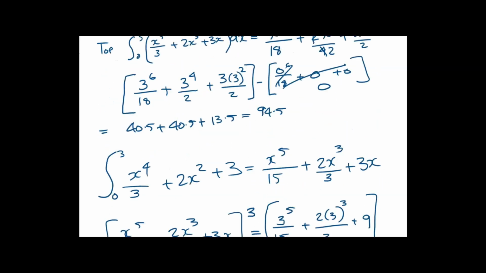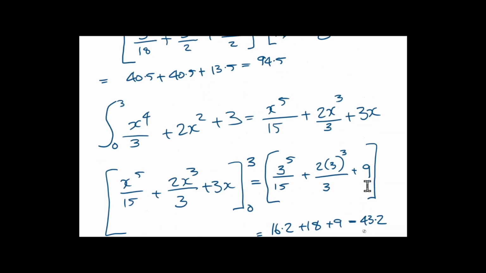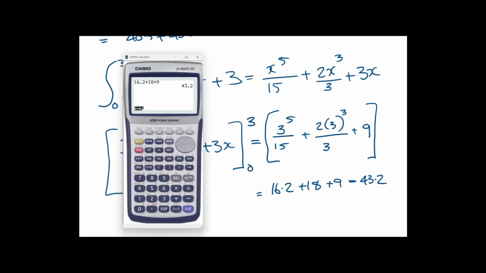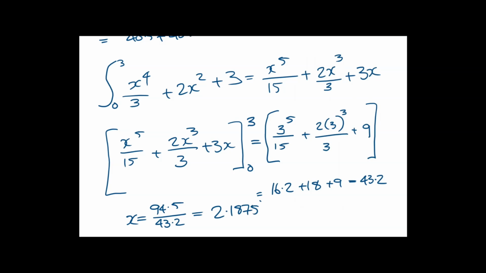We're not done, because that's the denominator, and the numerator was 94.5. So the x we're looking for is 94.5 divided by 43.2, and our final answer is 2.1875.